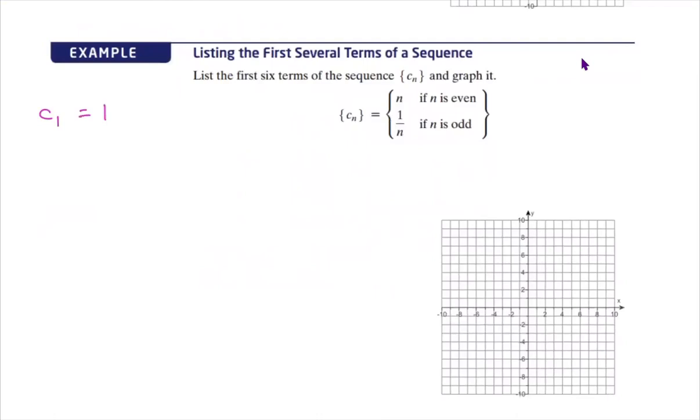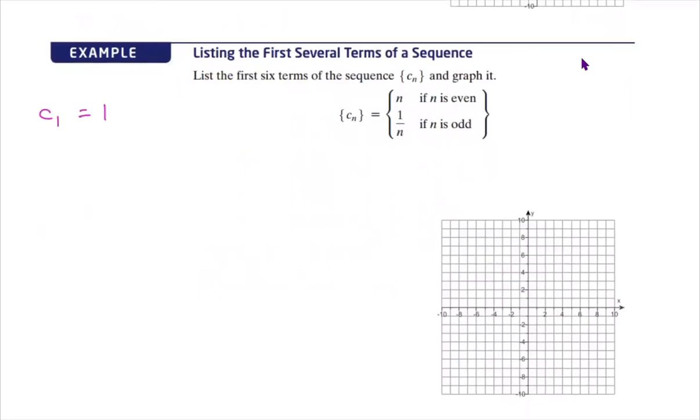If it's odd, you use 1/n to calculate the term, and if it's even, you use the actual number for the term.